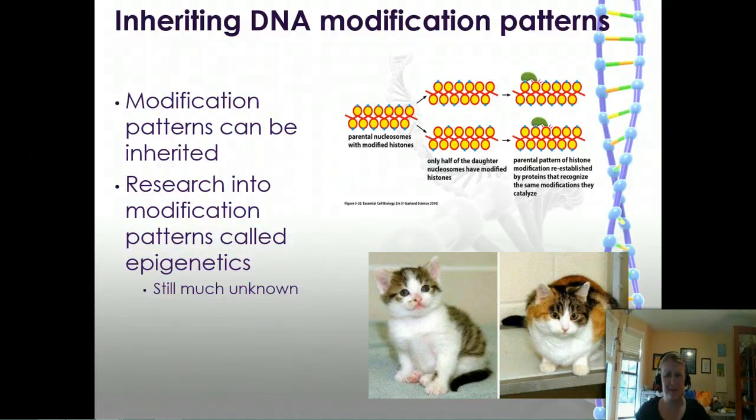Their coats are different because of what I talked about with Barr bodies, and through the epigenetic variance between the two, that's why CC looks nothing like Rainbow as far as the coat goes, even though their genomes are identical. So I really encourage you to explore that a little bit more. We're not going to talk too much about epigenetics in this class, but it's a really intriguing concept.